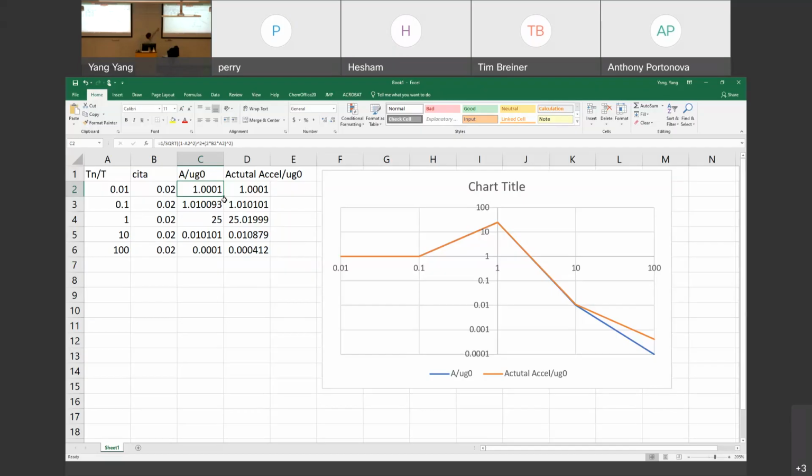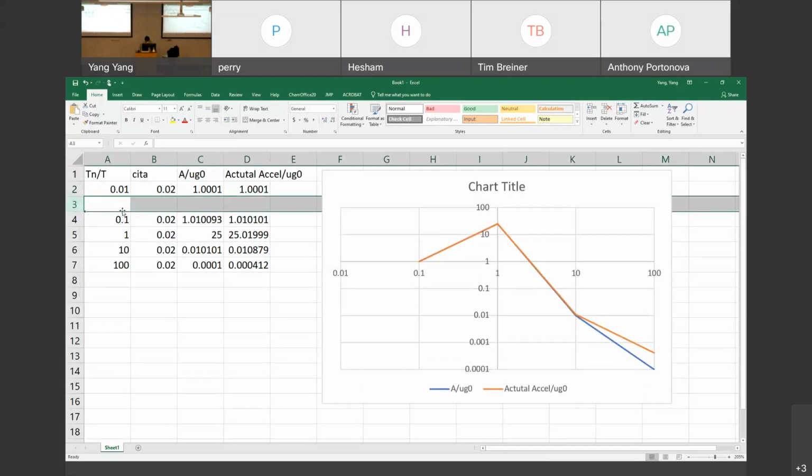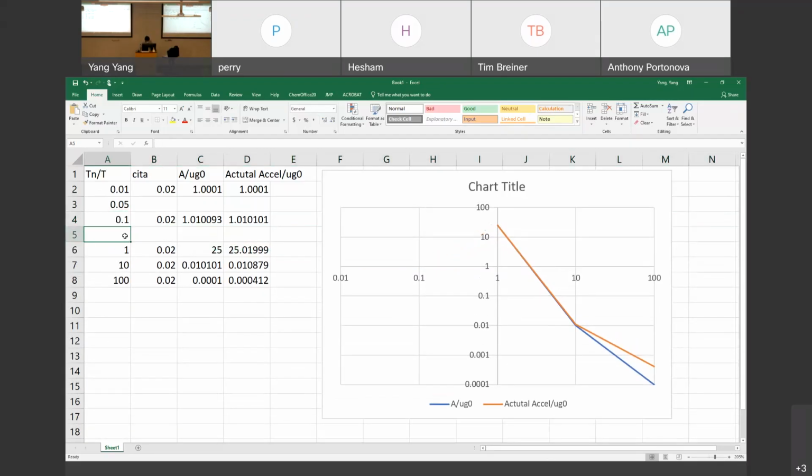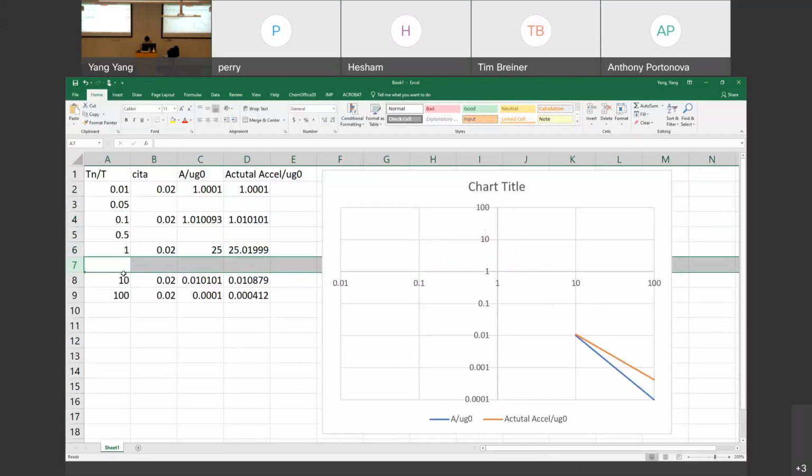Because here we only show 5 data points for each of the curves. If we use more data points here, the story will be a little bit different, to get a more precise result.